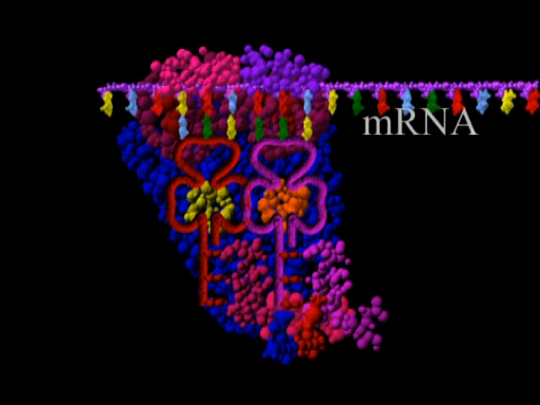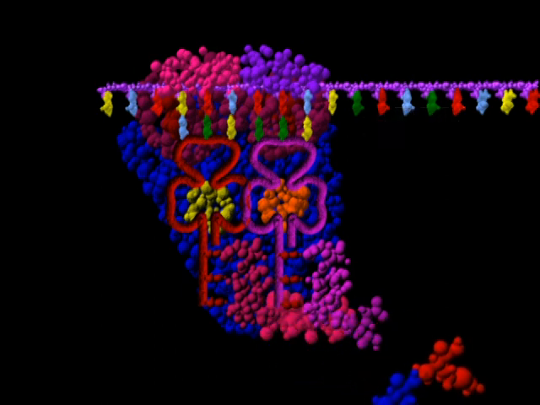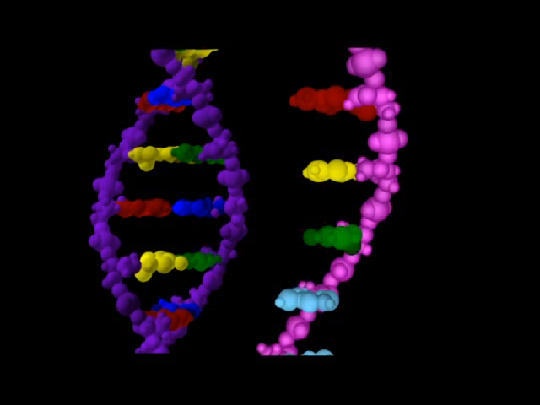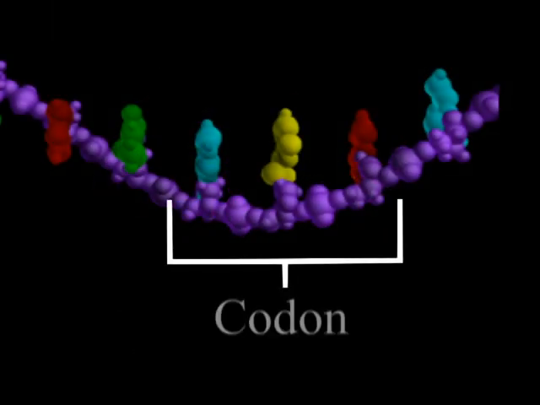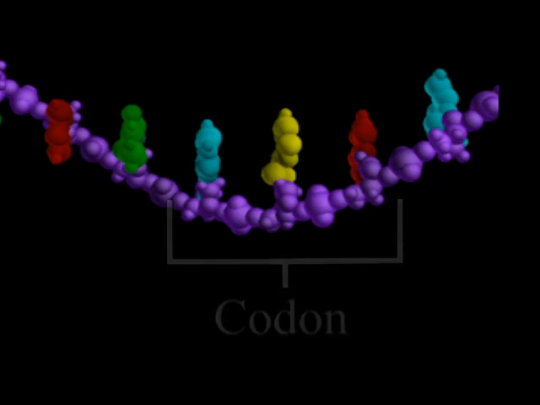Since mRNA is read by the structures producing proteins rather than DNA directly, mRNA's alphabet of A, C, G, and U is used to illustrate the genetic code, rather than DNA's A, C, G, and T. Each series of 3 letters, or triplet, along a strand of mRNA is referred to as a codon.